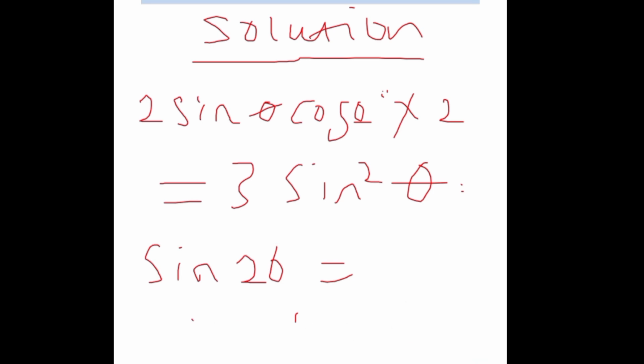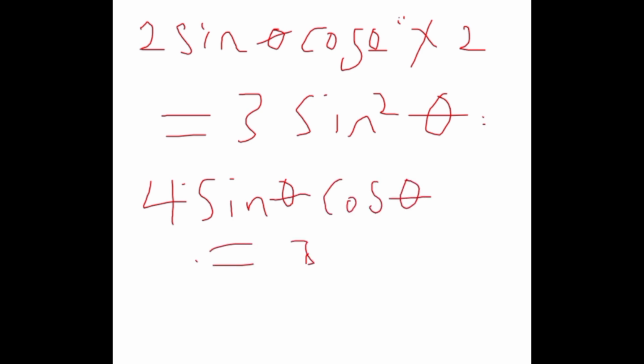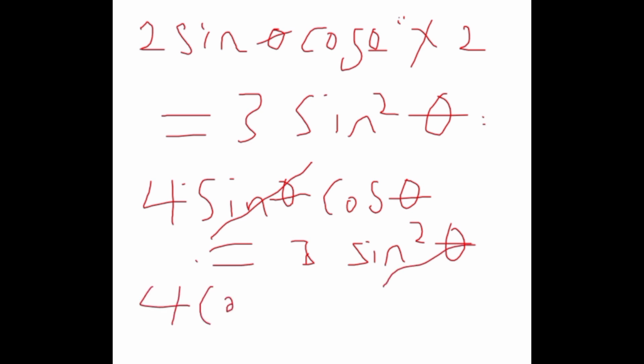Okay, we'll go ahead and solve it and have it that 4 sine theta cos theta is equal to 3 sine squared theta. So sine theta will cancel one sine theta, so that we'll have that 4 cos theta is equal to 3 sine theta.